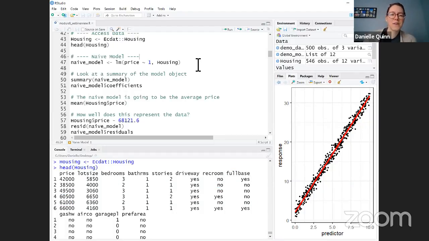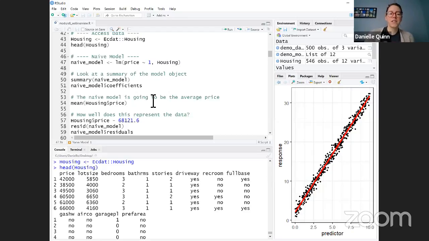So if you only had information about the last 100 houses that sold in your neighborhood, and here's how much they sold for, the best thing you could do to make a prediction on that little information is to look at the average price. That's as far as you could get. And so that would be your naive model.